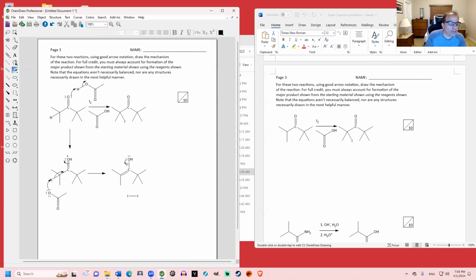And so we first use a lone pair on oxygen to fold down in between the oxygen and the carbon and remake the carbonyl. And then we break the carbon-carbon pi bond. We have to, otherwise carbon will have 5 bonds. And we use that to form a bond between carbon and iodine and break that weak iodine-iodine bond.